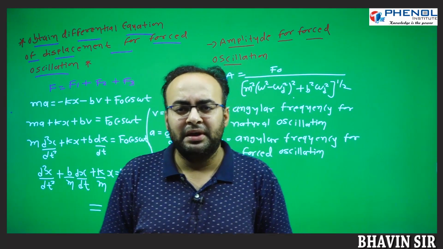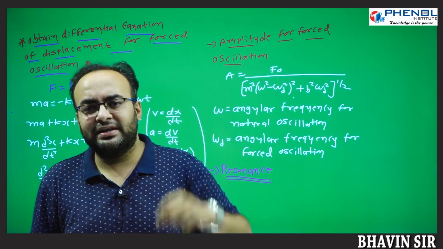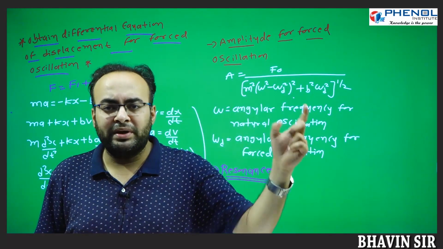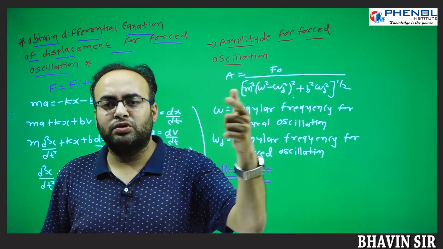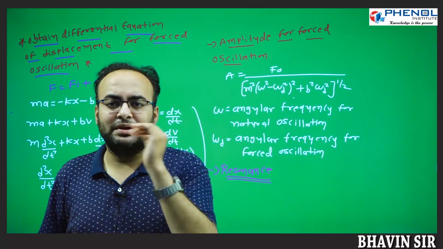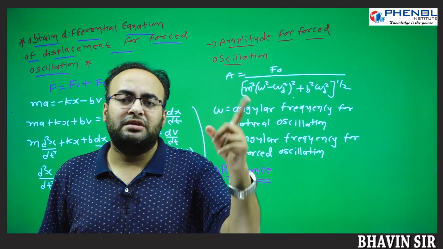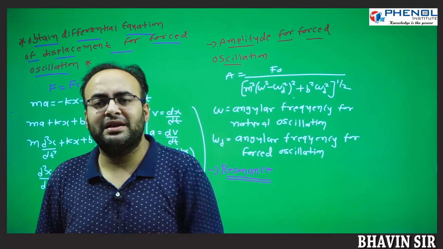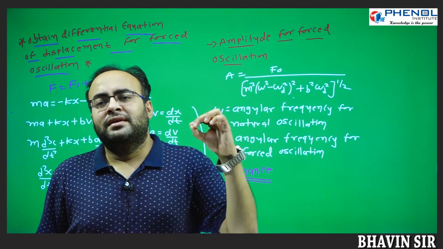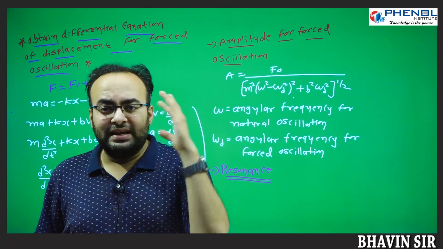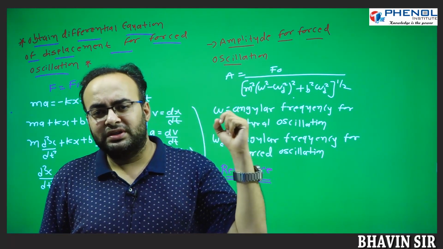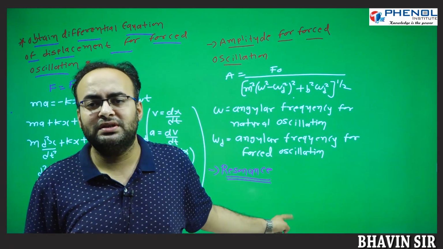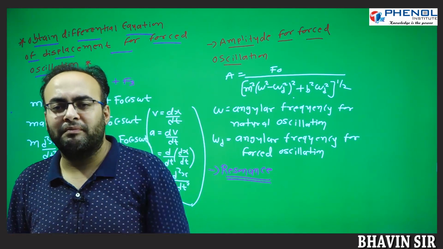What is the meaning of resonance in that case? For a particular value of omega, when omega L equals 1 by omega C, XL equals XC, then current becomes maximum, IRMS becomes maximum, and it is known as resonance in a series LCR AC circuit. So in that resonance current becomes maximum; in this resonance amplitude becomes maximum.